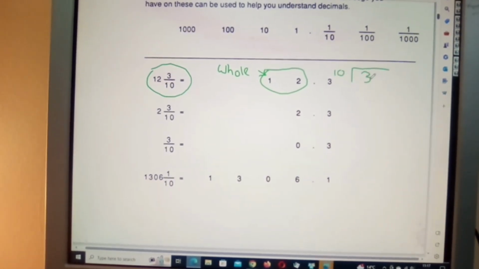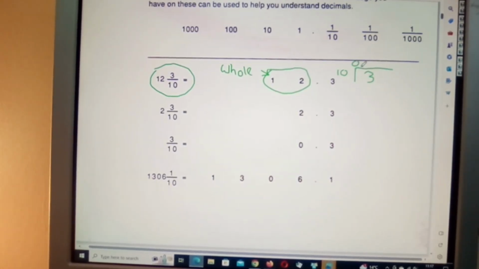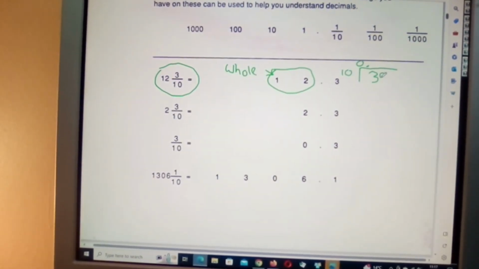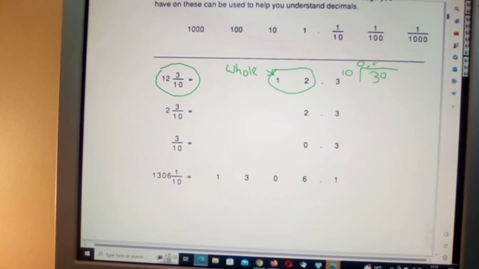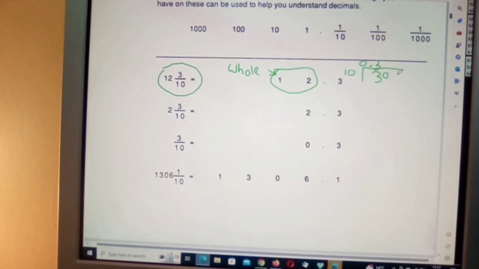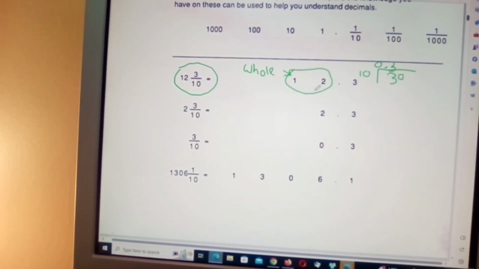10 into 3 you can't. 0 goes there. Decimal point, and a 0 goes here. So 10 into 30 goes 3 times. Therefore it equals 12.3, and that is how we get our answer here. Now we haven't got a 0.